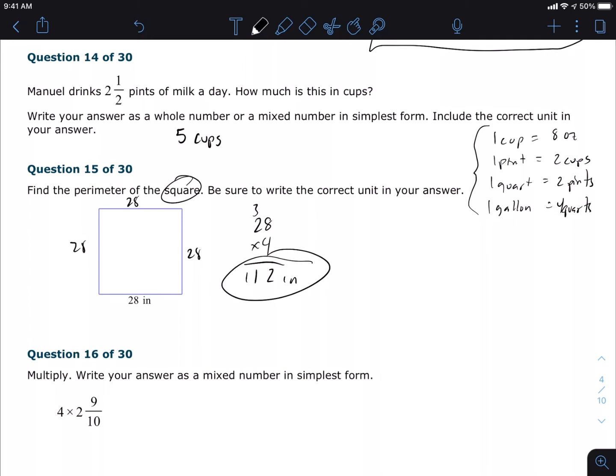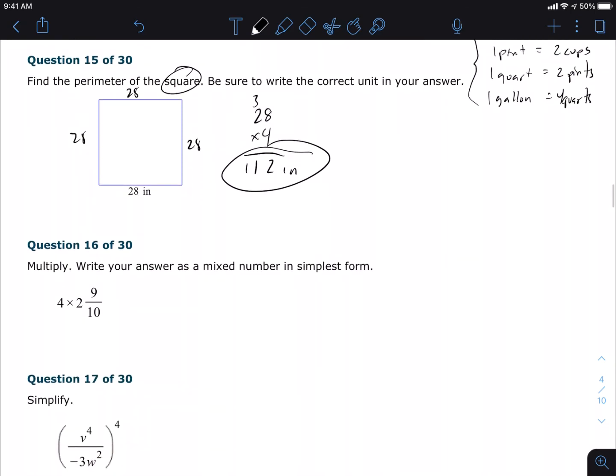All right. So this next problem, it wants us to answer it in a mixed number form. So when I multiply this, the first thing that I do is I always convert back to impropers. So I'm going to go 4 times 1 times 29 over 10. And then that's going to be 4 times 29. 116 divided by 10.